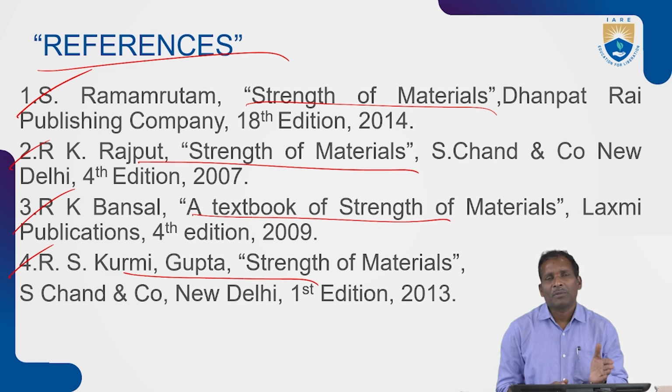These are the references I have taken for this PPT for making the definitions and terminology of columns and struts, and also for the entire syllabus. These four textbooks are very important references I have taken.